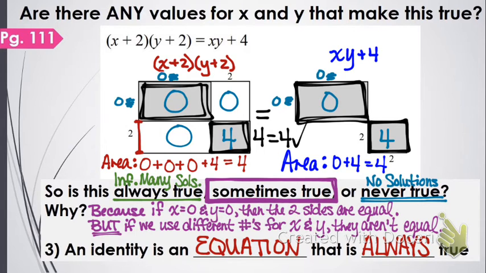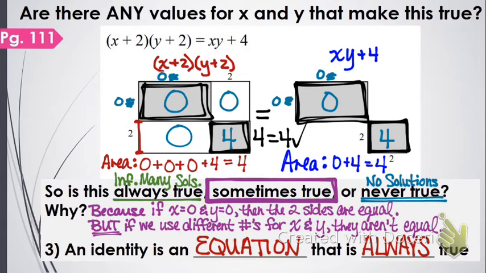If I can make an equation look just like another one, it is an identity. They would always have the same answers because really they're the same equation. They just look different. But if I can manipulate them using the addition property of equality or the division property of equality to make them look the same, that is an identity.